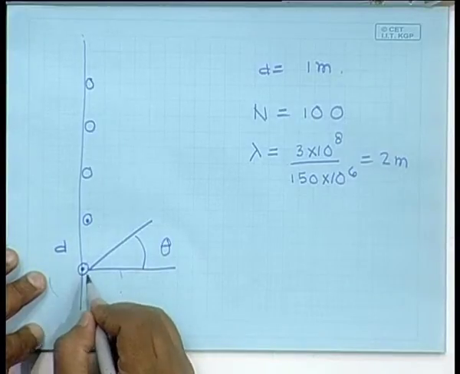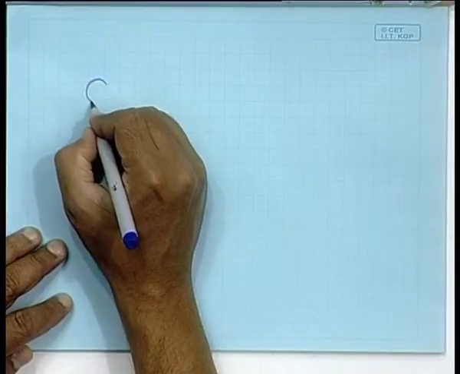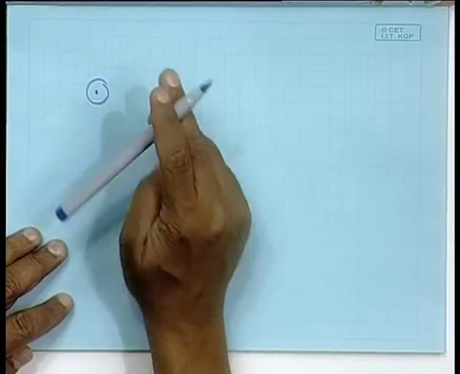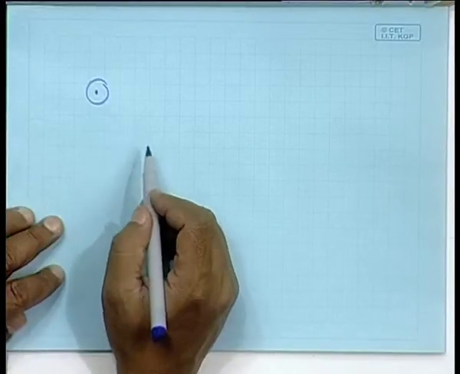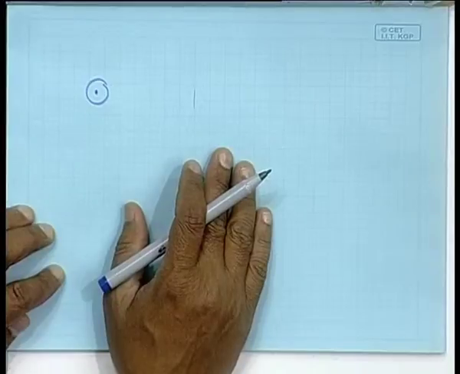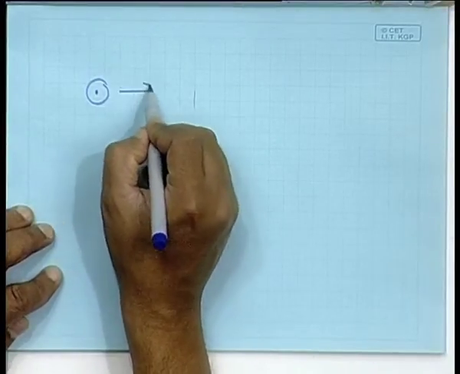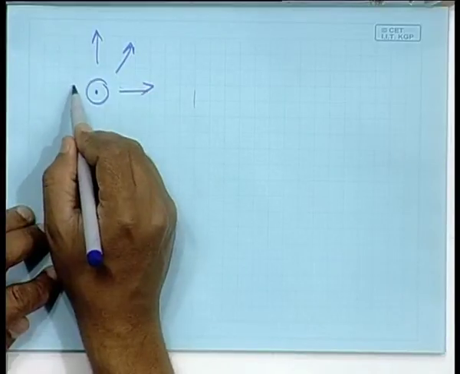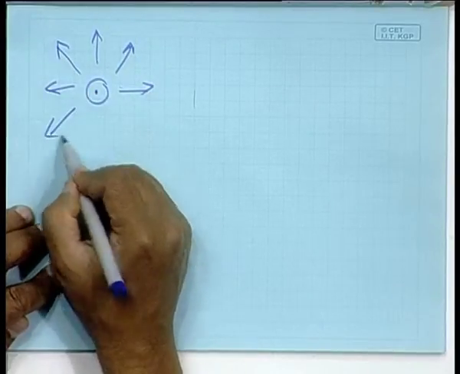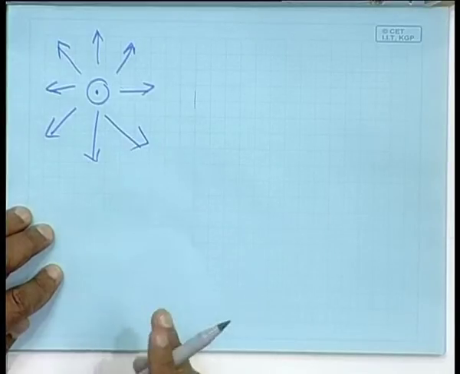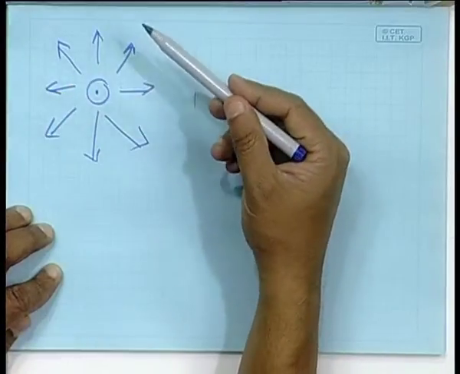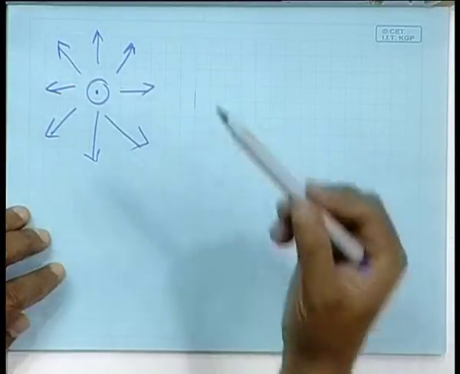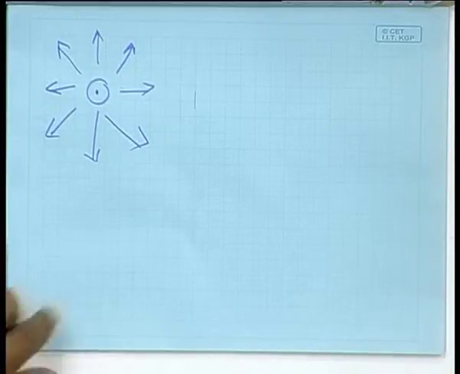So, a single dipole like this, pointing vertically, emits maximum radiation in the plane of the paper, and it emits equally in all directions on the plane. It does not emit anything in this direction or this direction, and the intensity changes as sine squared theta. We all know this when we have studied the dipole radiation pattern.